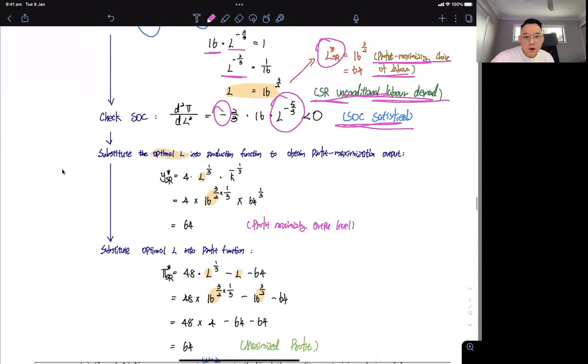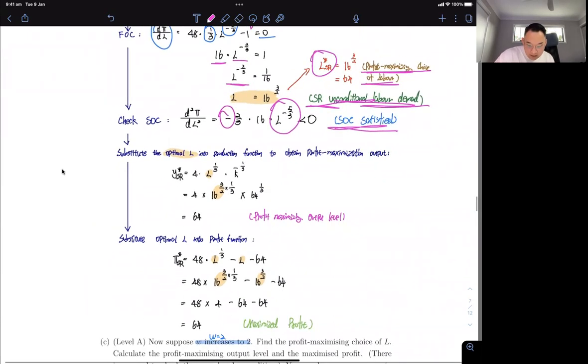Okay. So how do we get the profit maximizing output? It's simply plugging L equals 16 to the power of 3/2 into our production function, right?